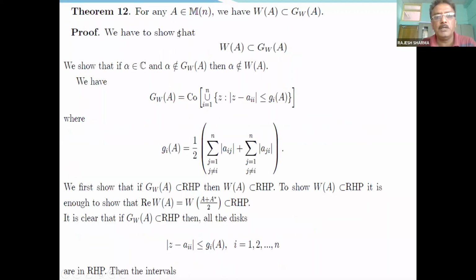Now we first prove this theorem. If A belongs to M_n, the numerical range of A is contained in GW(A). What is GW(A)? The convex hull of the union of all these disks centered at a_ii and radius G_i(A), where we have defined G_i(A) like this. We prove this theorem in 3 steps.